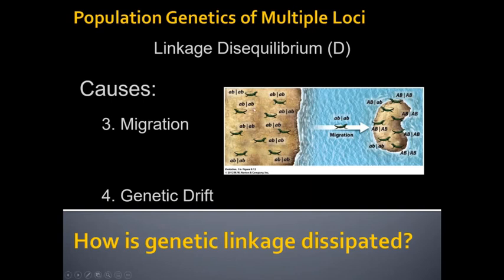Migration from another population that is not diverse can cause genetic linkage also. And then finally, genetic drift, especially in extreme cases if there are very, very small populations. So all of those forces of evolution can, under the right conditions, cause genetic linkage. And the only way to dissipate or break up genetic linkage is via crossing over.